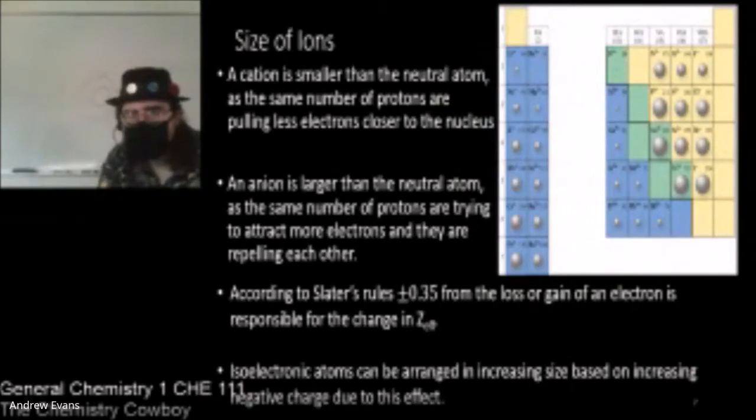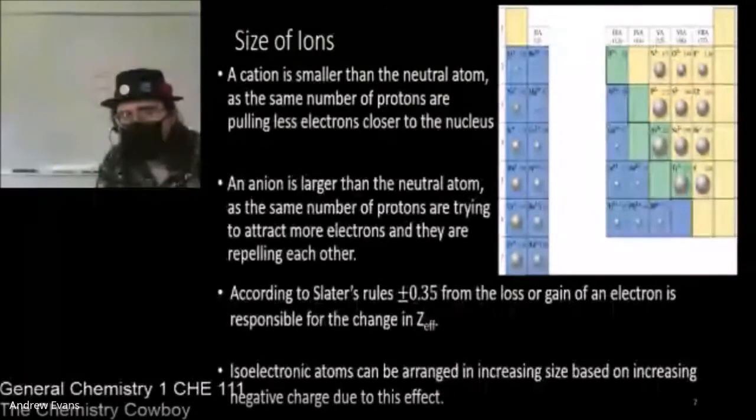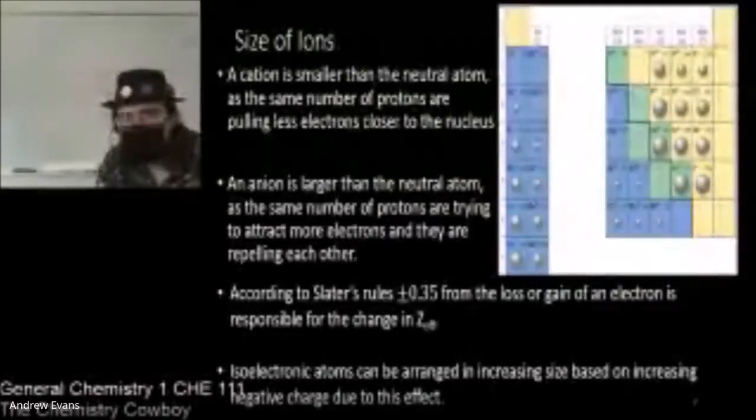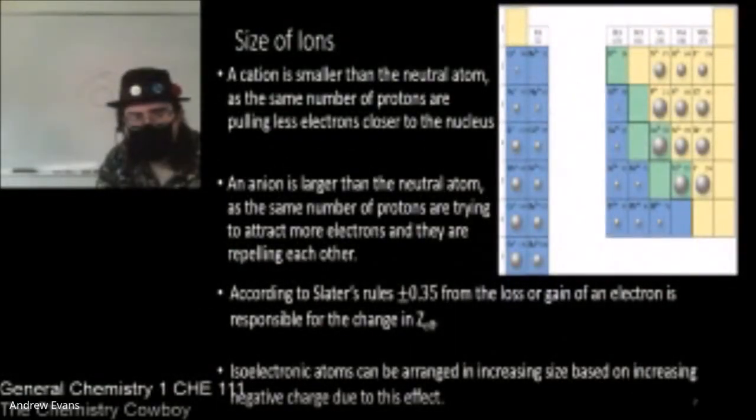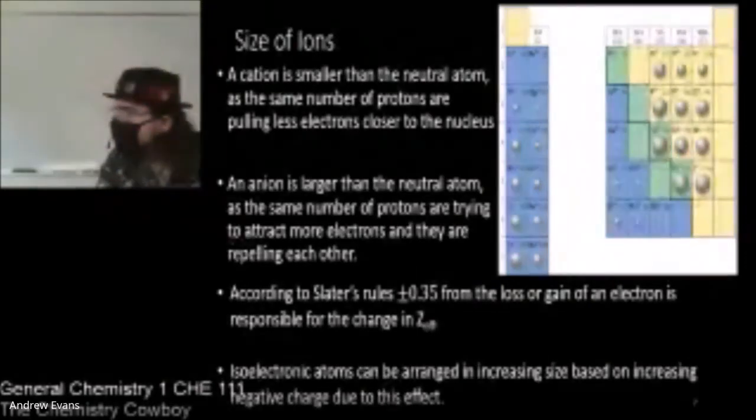So what's going on? A cation is pretty easy. With a cation you remove an electron, so we remove some degree of shielding, and now each electron remaining is going to feel the attraction that much more. When it feels the attraction, it gets pulled in even tighter.